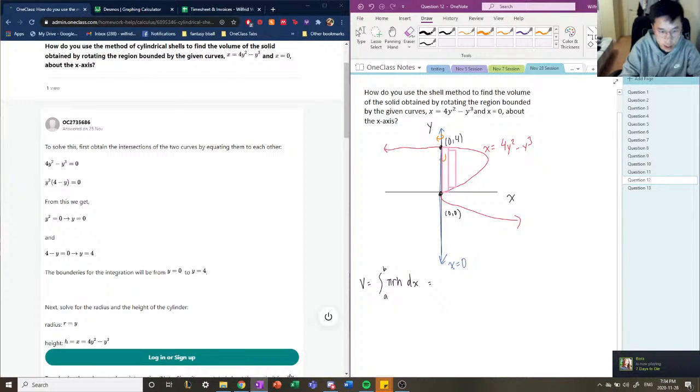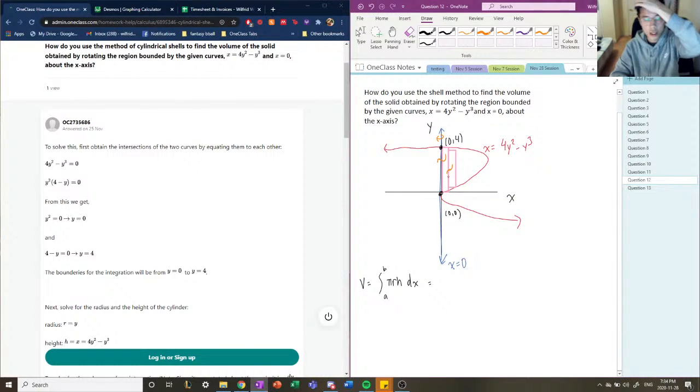So this rectangle is revolving around our x-axis, and this one's revolving around our x-axis too. If you have a rectangle that is revolving around the x-axis, you would see that it makes a cylinder. Okay, so if you want to, you can pause this video now and geometrically think about rotating a rectangle around the x-axis like this.